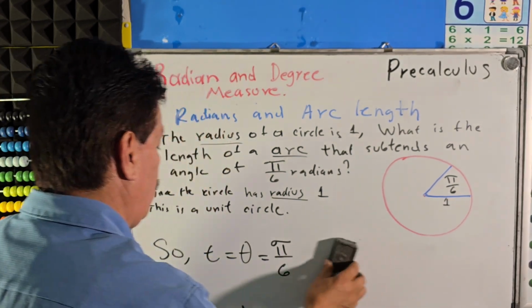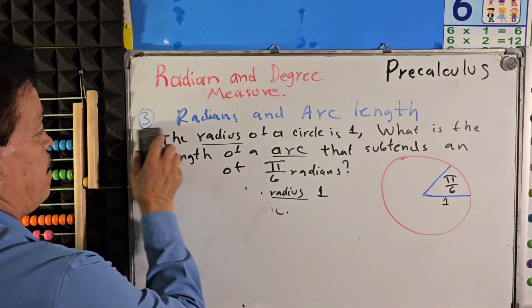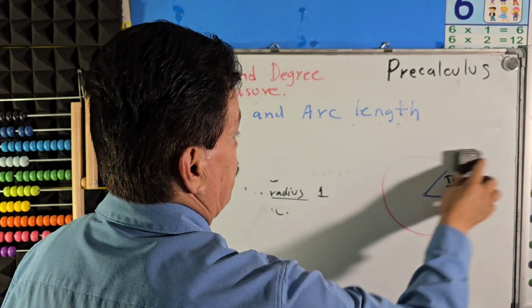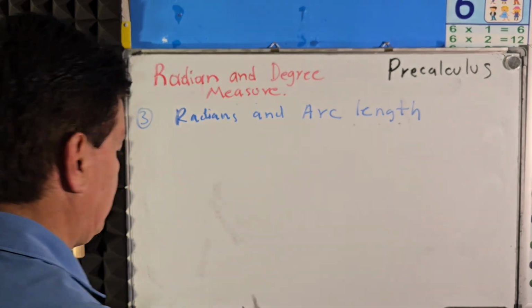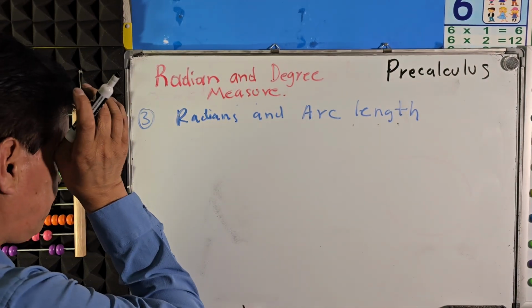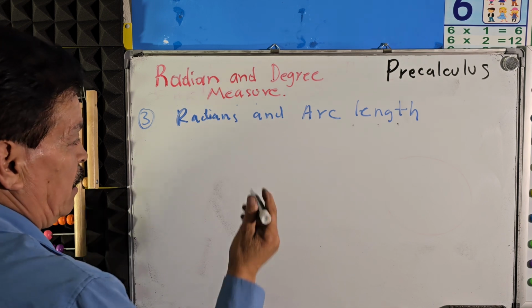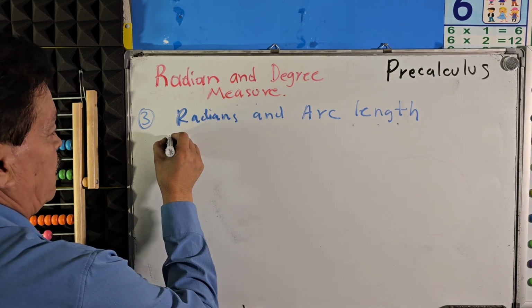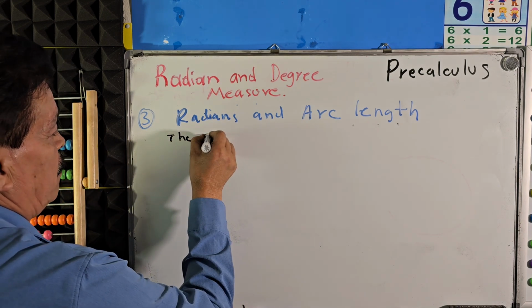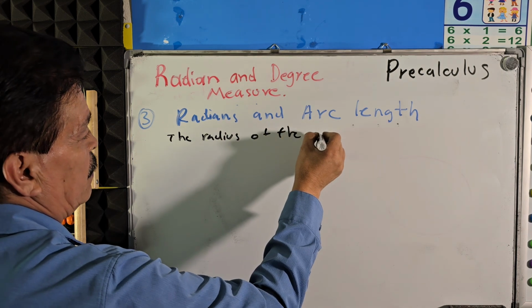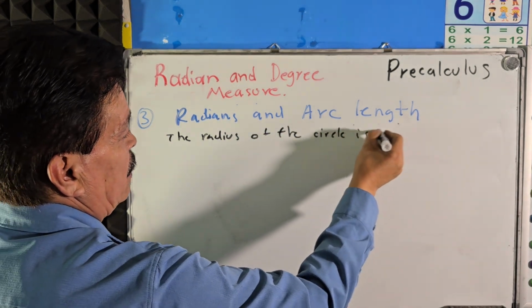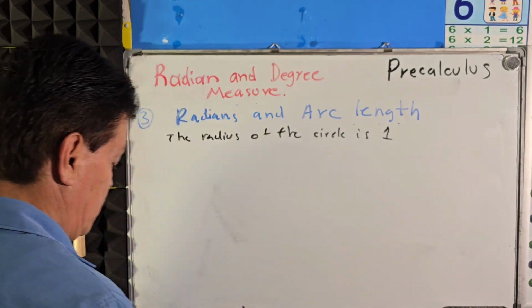Let me solve another one. Let's write down: the radius of the circle is 1 again.